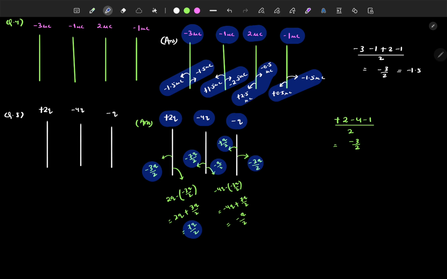Again come to question number 6. In question number 6, let's think 5 plates are there. Five plates are available and the total charge on the first plate is minus 4 coulomb, on the second plate is minus 2 coulomb, on the third plate is 0 coulomb, on the fourth plate is 6 coulomb, and on the fifth plate is minus 2 coulomb.